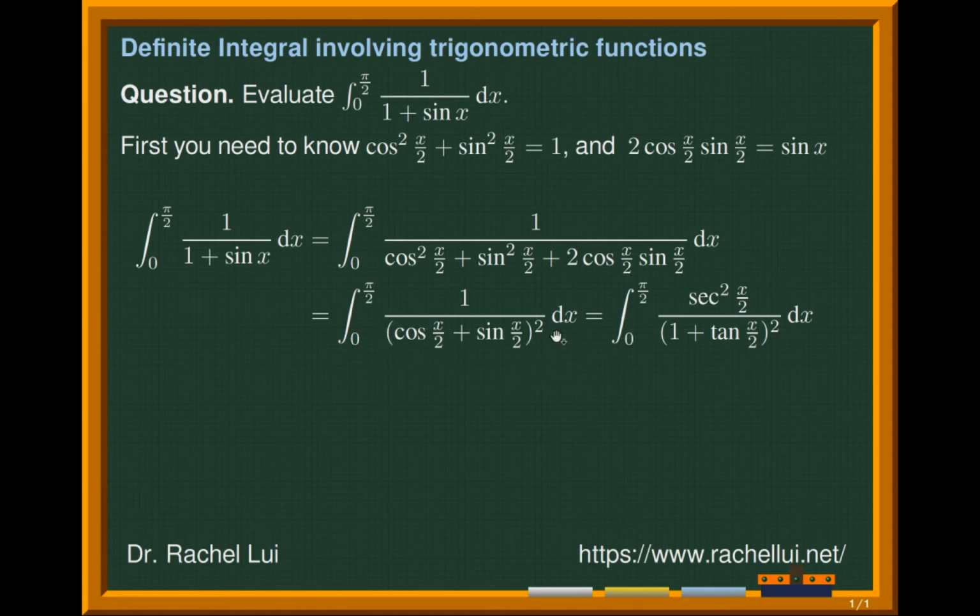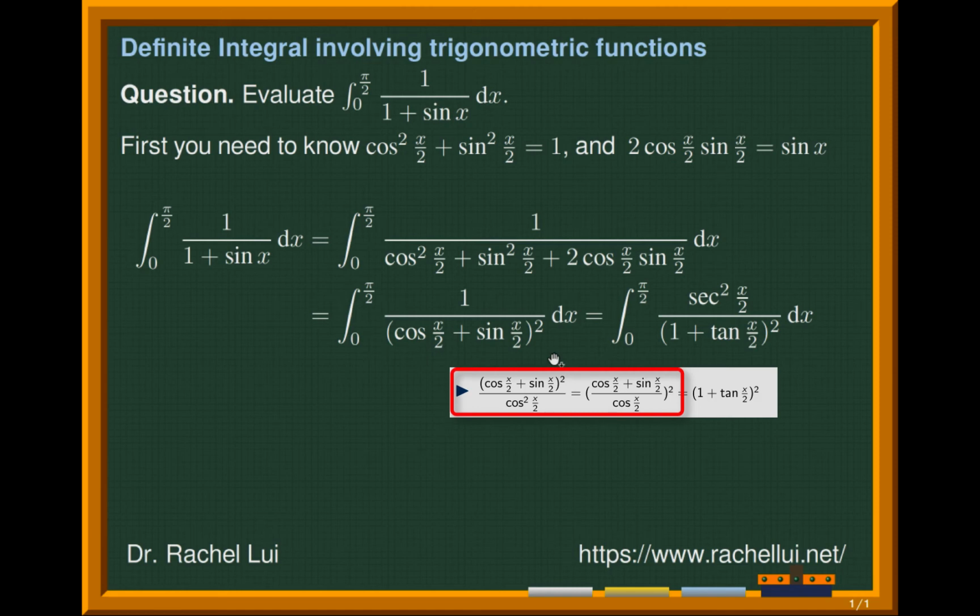We see that the whole thing divided by cosine x divided by 2 squared is cosine x divided by 2 plus sine x divided by 2, divided by cosine x divided by 2, and then the whole thing squared.